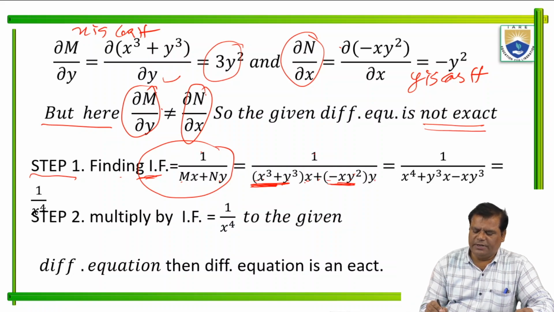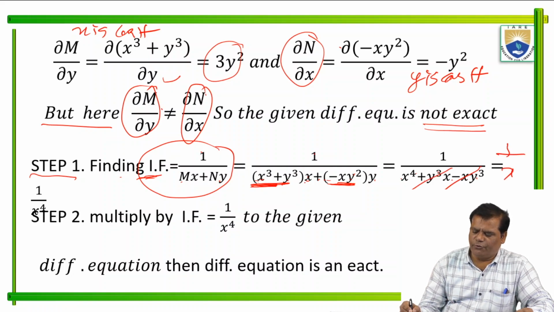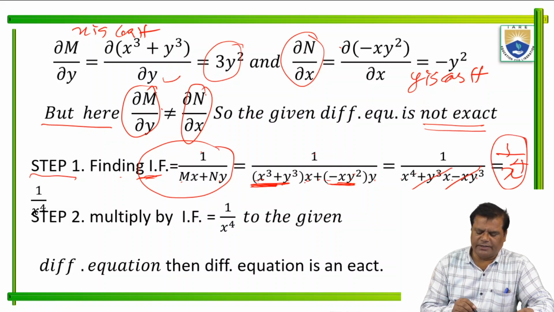So we get x to the power 4 plus y cube x minus xy cube. So this term is cancelled. So we get here 1 upon x to the power 4. This is the IF, this is the integrating factor.